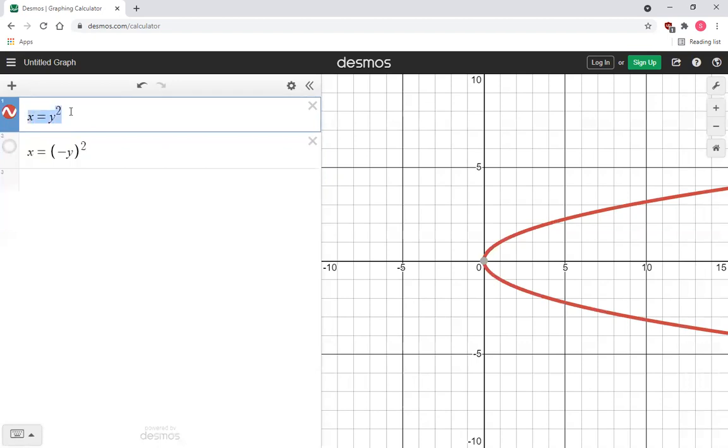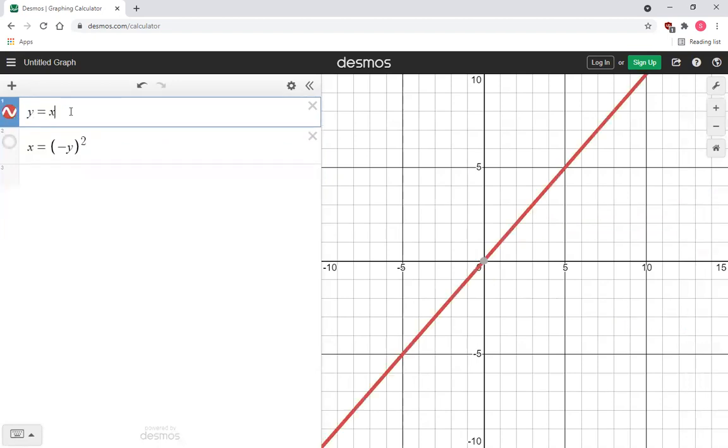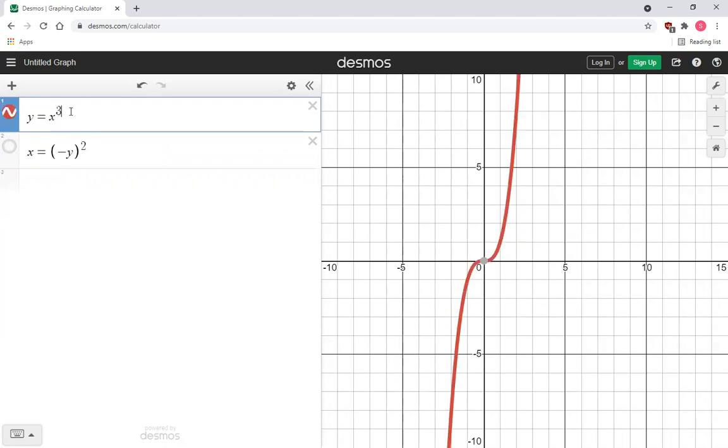I'm going to change this back to y equal to x, but now I'm going to make it cubed. So y is equal to x cubed. We can see that this obviously is not symmetric with respect to the y-axis. It's not symmetric with respect to the x-axis.